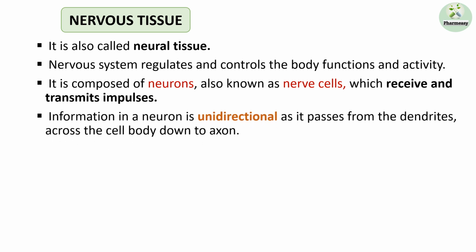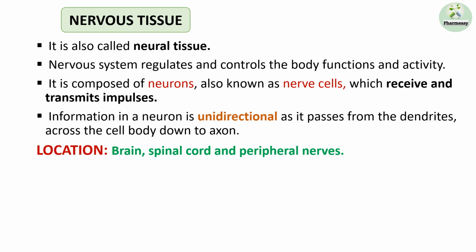Information in a neuron is unidirectional as it passes from the dendrites across the cell body down to axon. Nervous tissues are found in brain, spinal cord, and peripheral nerves. The symptoms of Alzheimer's disease, such as memory loss, mood swings, and confusion, are caused by the breakdown of nervous tissue.